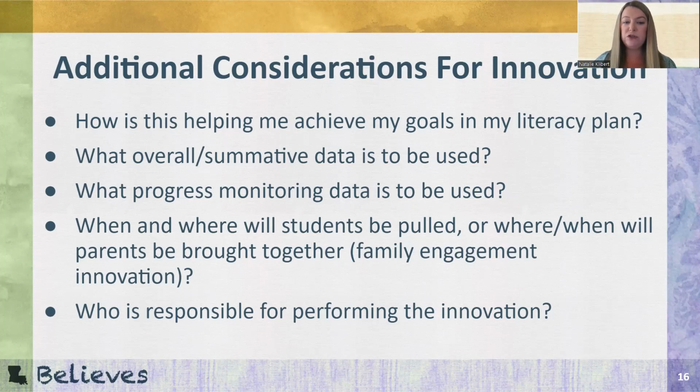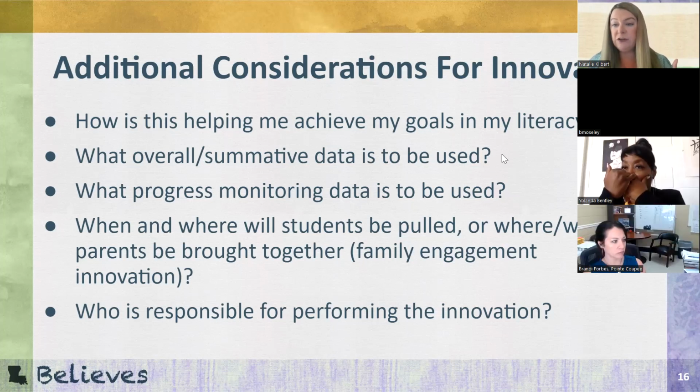When and where will students be pulled, or where and when will parents be brought together? So start considering that. Who is responsible for performing the innovation? There are different levels of responsibility. It starts with the admin team, which is why I'm so adamant about having those stakeholders at the SSI. It starts with the admin.